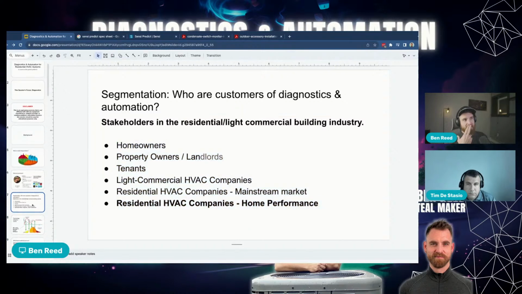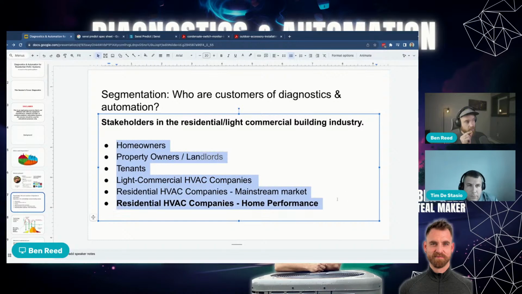But there is, I think, this other side of innovation that the residential HVAC industry is poised for, where HVAC nerds can all band together to build a bigger project where, yes, it is more for HVAC nerds in its early iterations, but perhaps it ends up creating innovations that will reverberate out into the market, where we're not trying to create a solution for these segments, or specifically for these types of audiences.